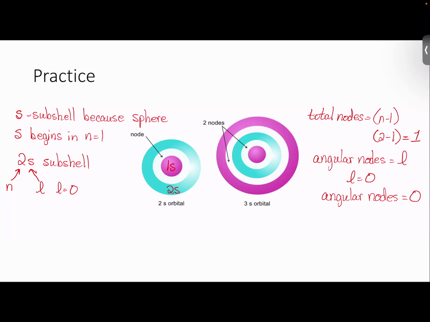So therefore, your radial nodes is technically equal to n minus 1 minus L, or in other words, 2 minus 1 minus 0, so it is equal to 1. That radial node is this white region between the pink and the blue subshell, and it is a radial node because it forms a radius.